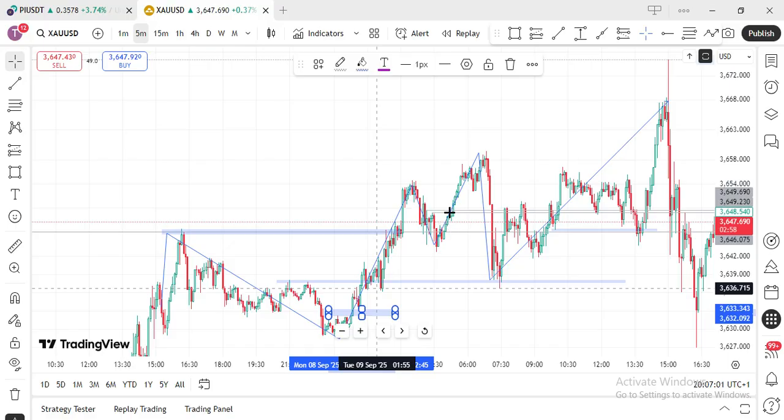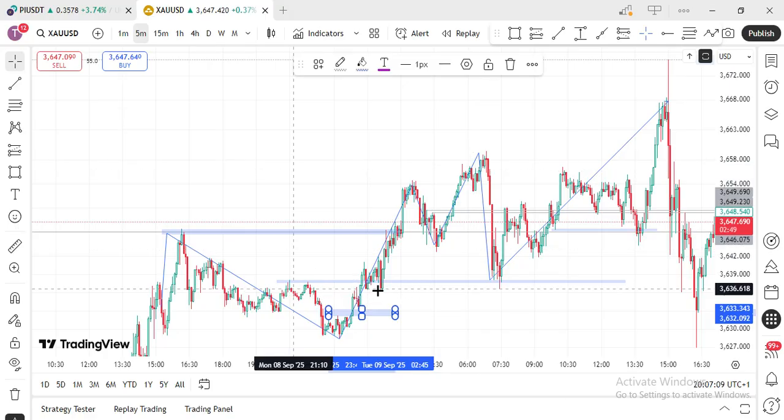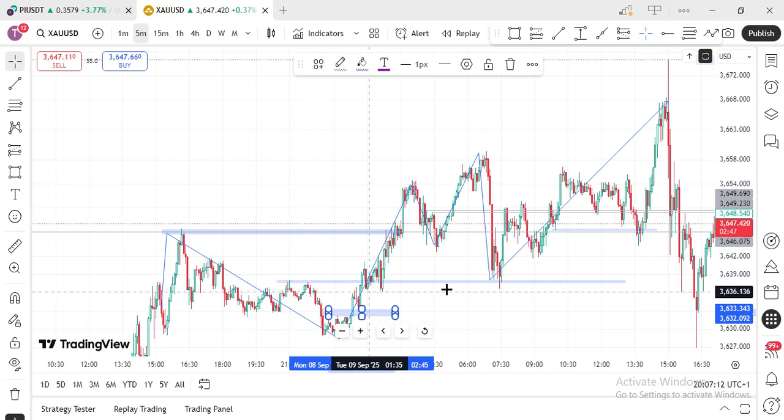So guess what? Market rallied up, came back, took out this previous inducement. Obviously it has to touch the first structure, which is this one, but because of this place being a protected point, look at what happened. Price came very close. Let me drop a line so you get the point.